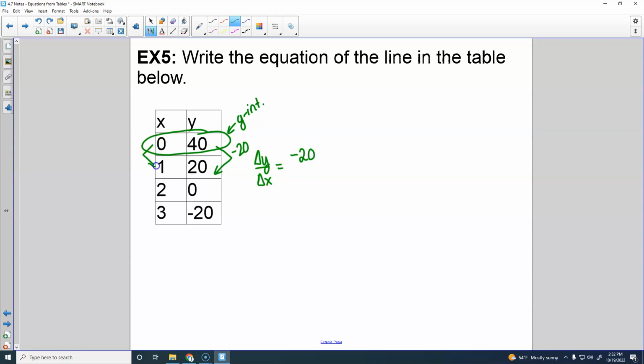What's my change in x? From 0 to 1, what did I do to my x? Added how many? 1. So negative 20 over positive 1, what does that give us? Negative 20. And so this is our slope. So Haley, if we have a slope of negative 20 and a y-intercept at 40, what's the equation of the line going to look like?